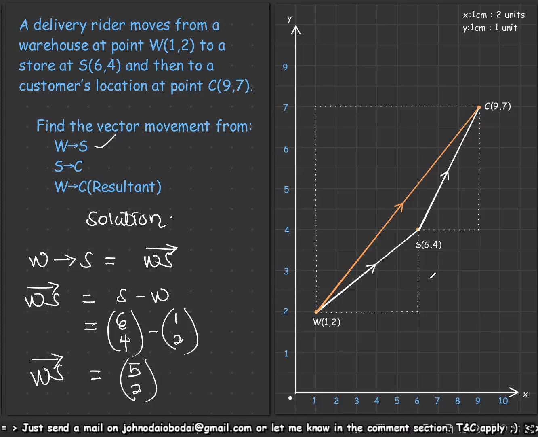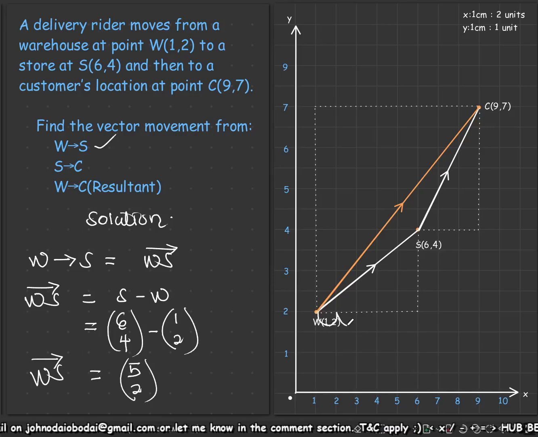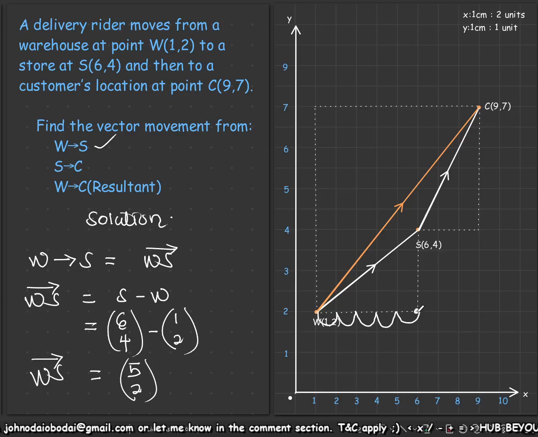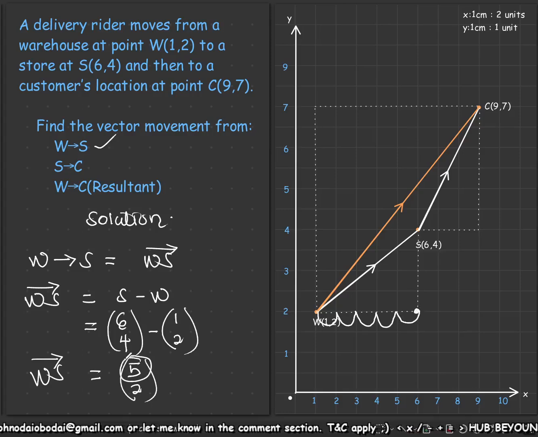But then graphically, if you were also able to represent this, then using just your eye, you can tell the answer. Okay, and how do we do that? So from W to S, how many paces in terms of the x-axis do we need to move to get to S over here? You'll see that you have 1, 2, 3, 4, and 5. You see? And that is this 5 over here.